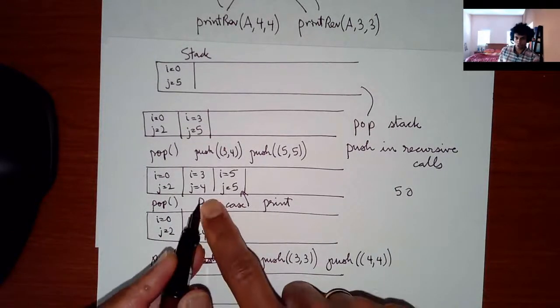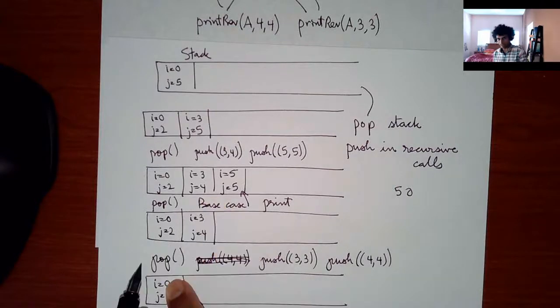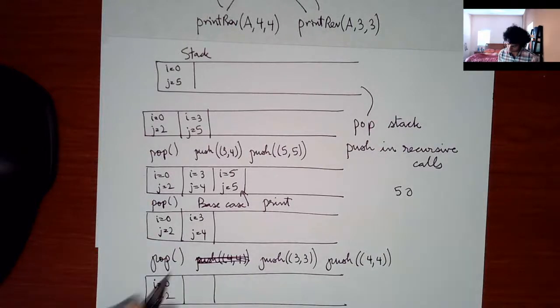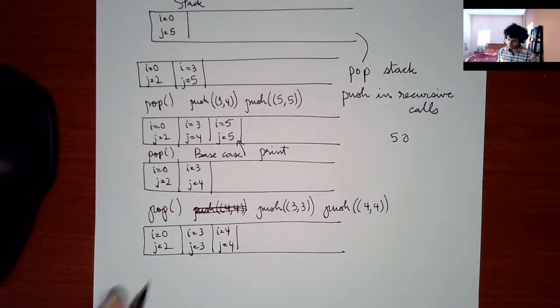So it's going to finish all of this before it gets to that, which is exactly what you need to do in the recursion. You need to deal with this recursive call. So now we push in the recursive calls for this. So i is equal to 3, j is equal to 3, i is equal to 4, j is equal to 4. So now we're going to do a pop.